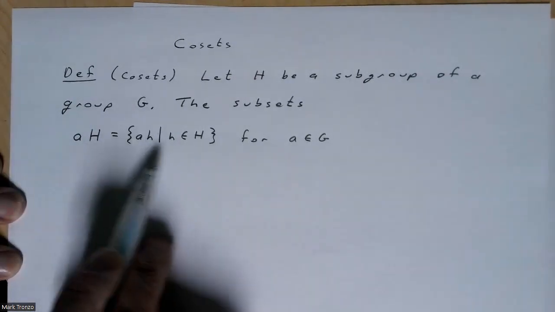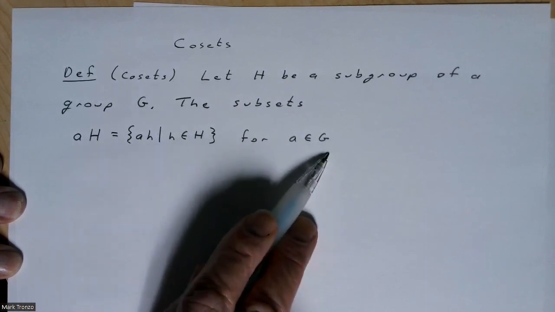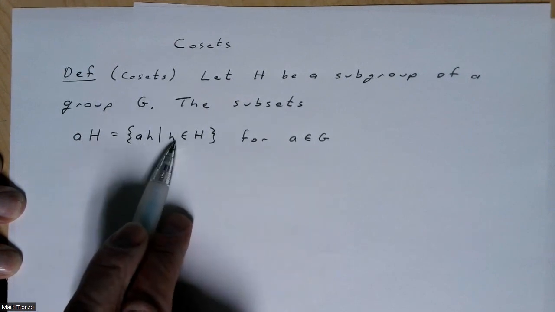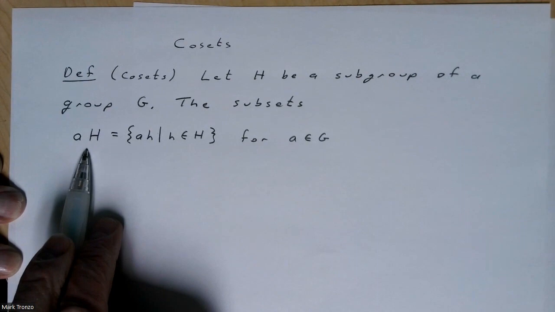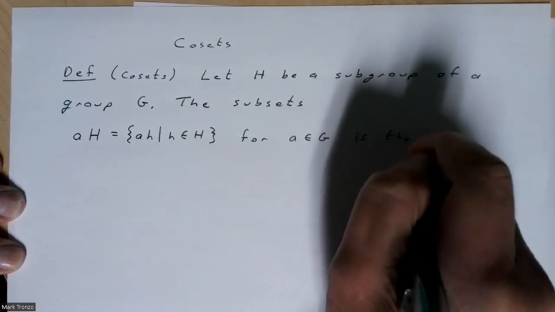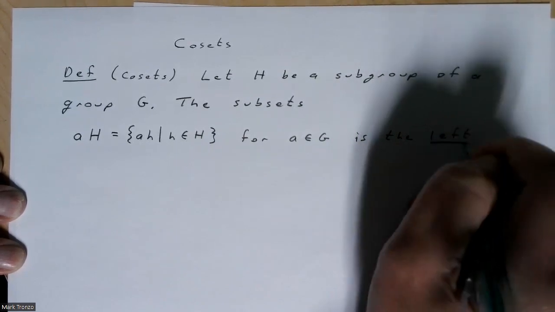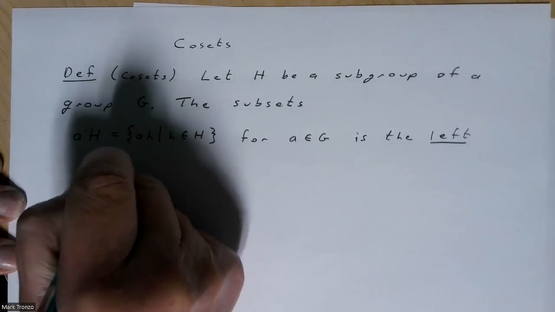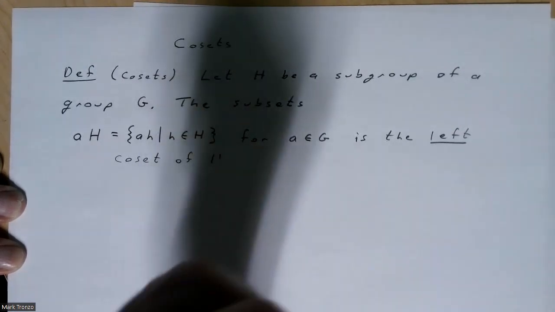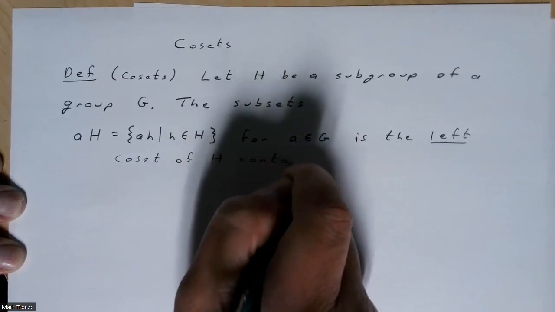So the set generated by this, for example, you pick a member of the group G and you multiply by all the members of H. If you multiply on the left, this is called the left coset of H containing a.